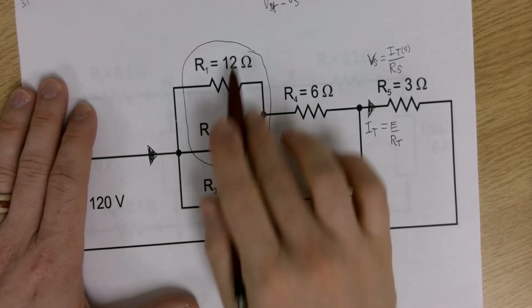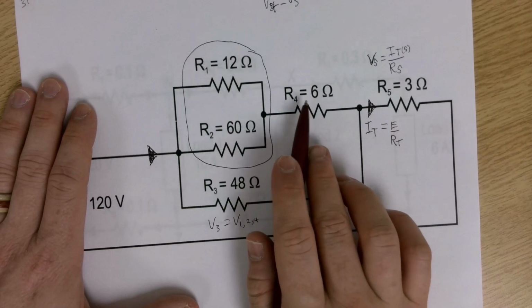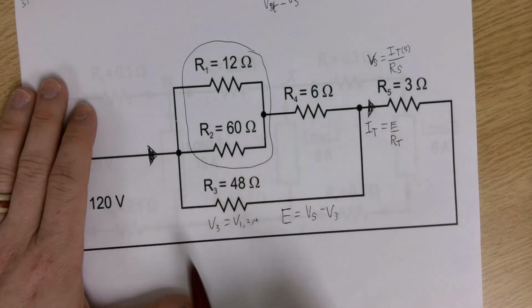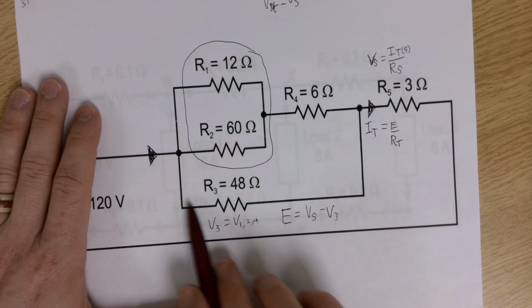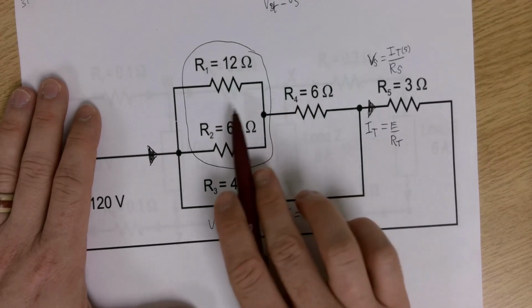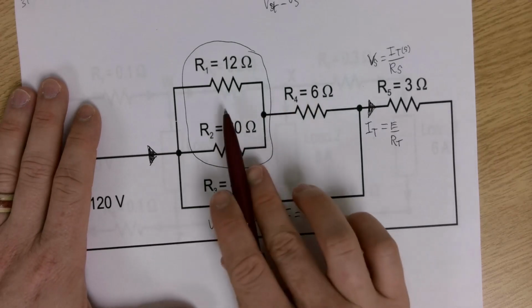But these two resistors are in series with R4. So whatever V5 voltage is, that value is going to be shared between this resistor and this pair of resistors.